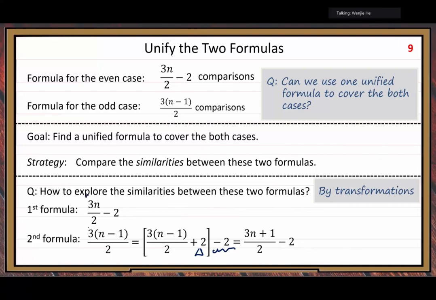In the even case, the first term and in the odd case, the first term are slightly different. Next, we need to use one formula to cover both cases, based on the even odd case.